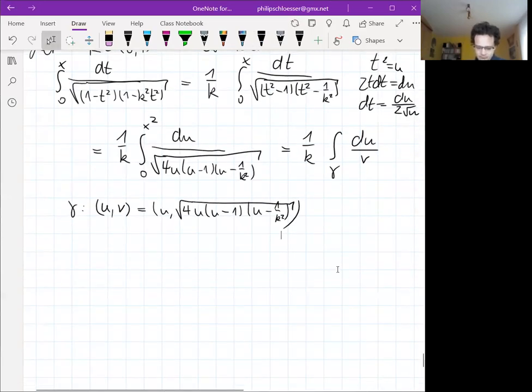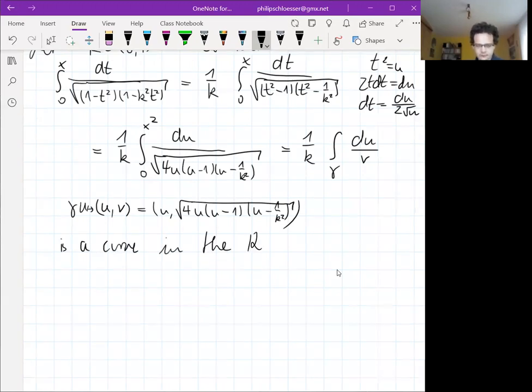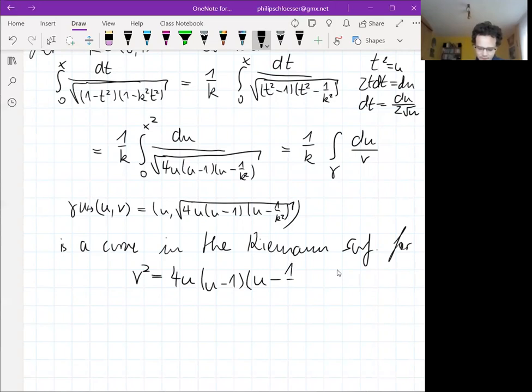But now this is a curve in the Riemann surface for v squared is equal to 4u times u minus 1 times u minus 1 over k squared. And you can see, by the way we chose k, that this thing has 3 distinct roots. So yeah, we have expressed our elliptic integral as an elliptic integral. Congratulations.